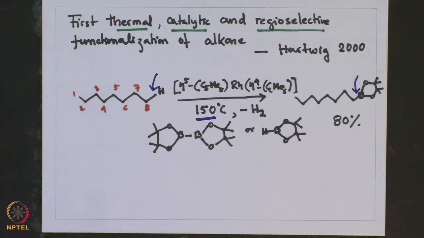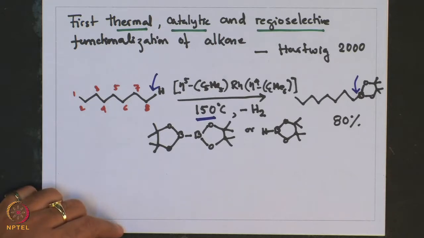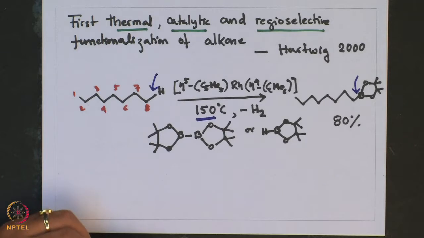So, gradually, with understanding of how CH bond is activated, the subsequent utility of CH bond activation is manifested in CH bond functionalization through the conversion of alkane to various functionalized products, for example, this boronic ester.